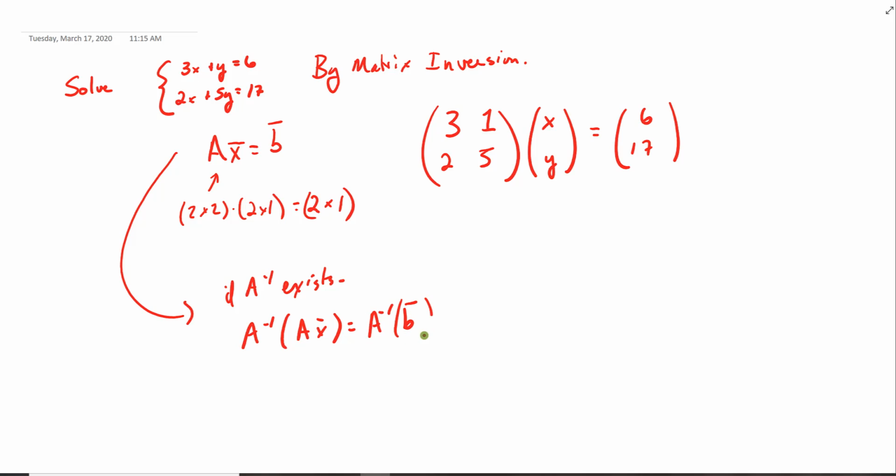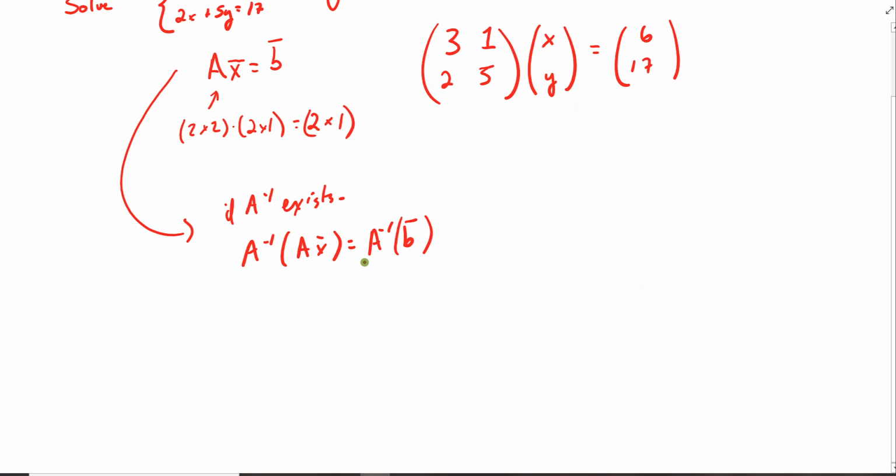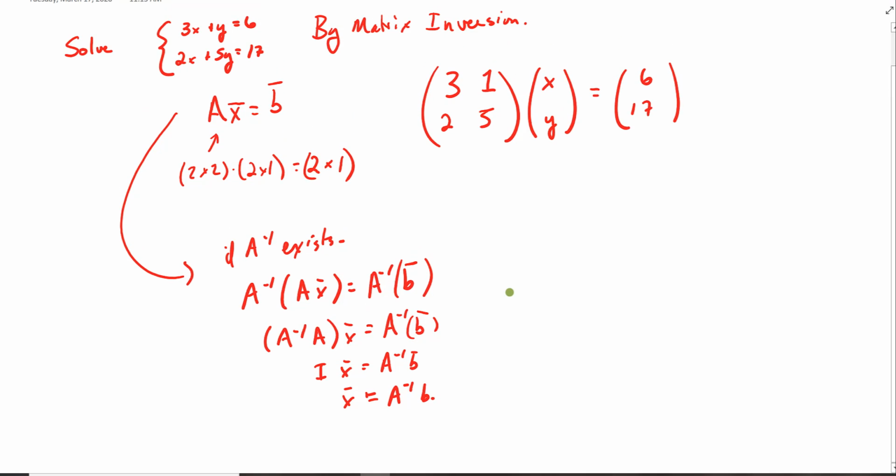And as we've noted before, make sure that you multiply by A inverse, first of all, always on the same side, but second of all, in this case, on the left, so that when I regroup this multiplication by the associative property of matrix multiplication, what we end up with is just the identity times x is equal to A inverse B, or just that x is equal to A inverse B.